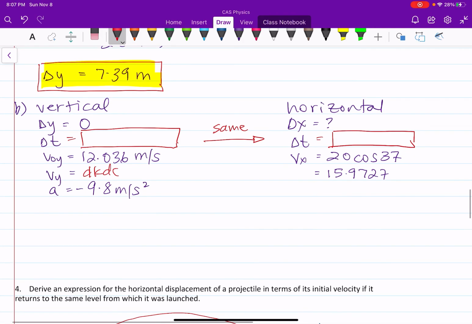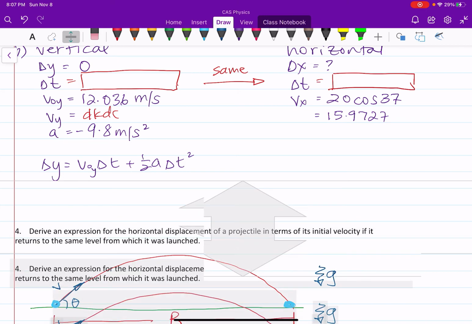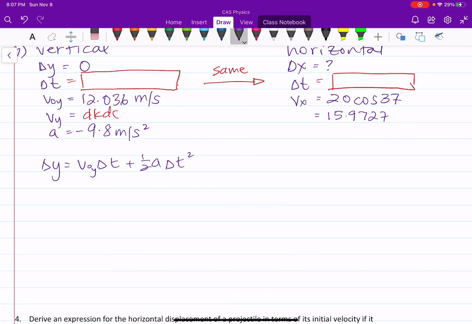Okay, so putting this all in mathematically, we're going to use this equation: delta y equals v naught y delta t plus 1/2 a t squared. When I plug this in now, the delta y is 0, right? And then this becomes 12.036 t minus 4.9 t squared.